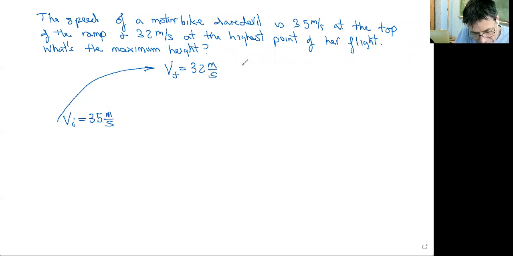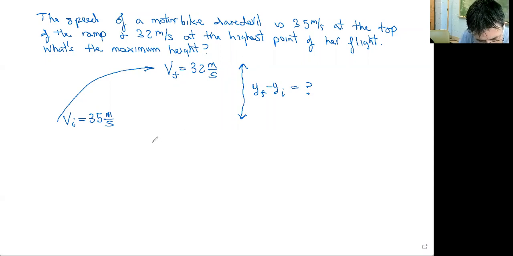And we're interested in figuring out this vertical distance here. I'll call it the final height minus the initial height, YF minus YI, based on the information given. So that's an annotated picture of the problem with the information that we know and with the information that we want.